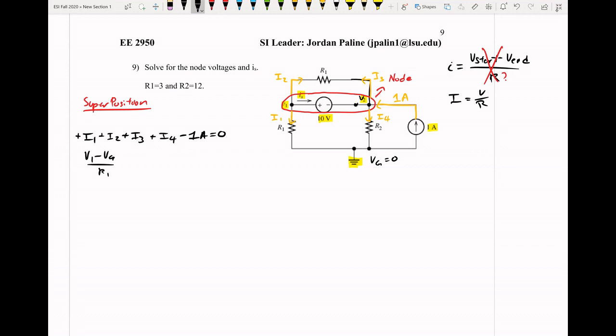For I2, V1 minus V2 over R1. Then I3 is V2 minus V1 over R1. I4 is going to be V2 minus VG over R2. Then we subtract 1 amp, and that'll be equal to 0.